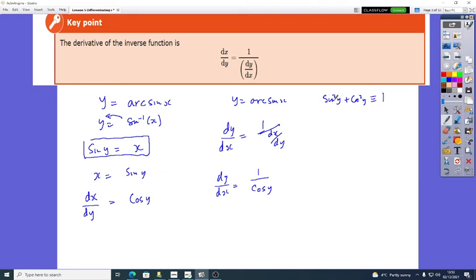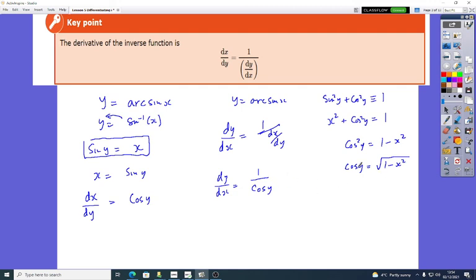So if I replace sine y squared with x squared, that will give me x squared plus cos squared y is equal to 1. Take that to the other side, that gives me cos squared y is equal to 1 minus x squared. And I want cos y, that is the same as 1 minus x squared, square rooted.